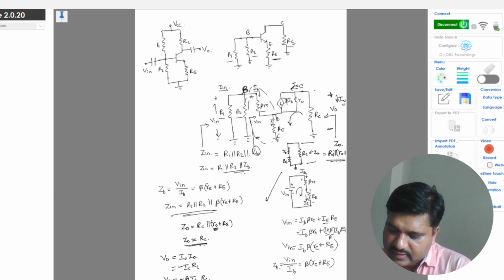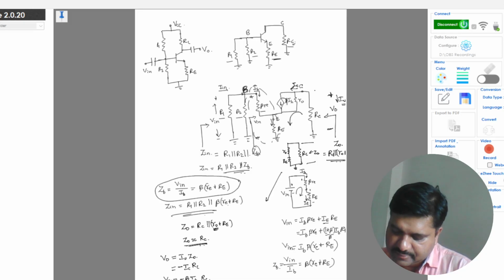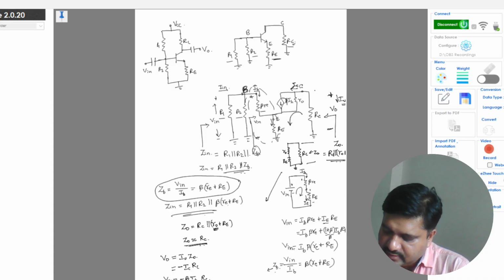Here I can write IB as Vin divided by beta re plus capital RE. So I will substitute it here: minus beta into Vin divided by beta re plus capital RE, multiplied by RC as it is.